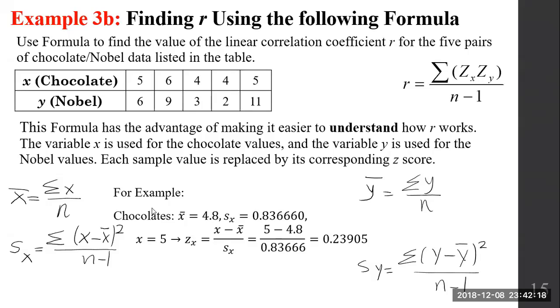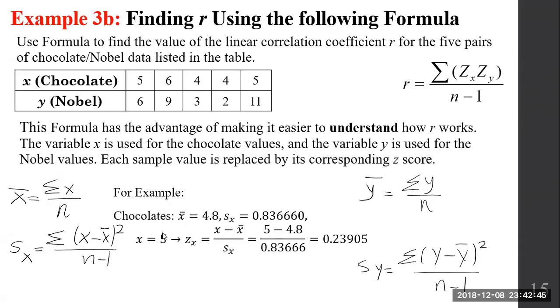In this example, we know how to find x bar from previous chapters: the summation of x divided by n, which here is 4.8. You also have to find the standard deviation s of x, and you should recall it is the square root of the summation of x minus x bar squared over n minus 1.